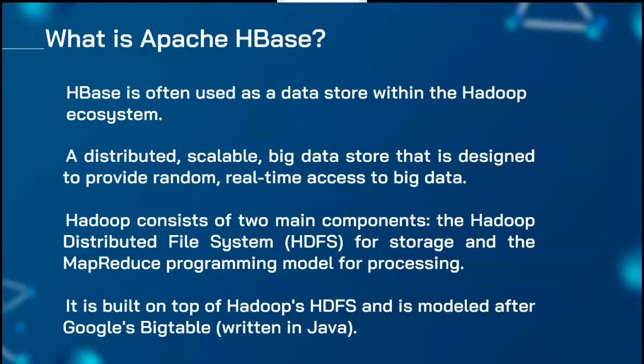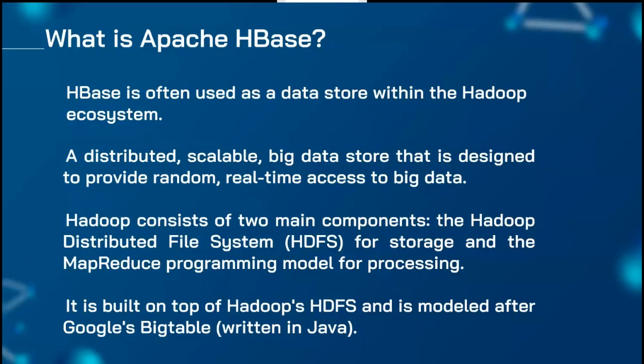First, the Hadoop Distributed File System, which we know as HDFS, for storage, and the second one, the MapReduce programming model, for processing data. HBase is built on top of Hadoop's HDFS and is modeled after Google's Bigtable, written in Java. This is Apache HBase.